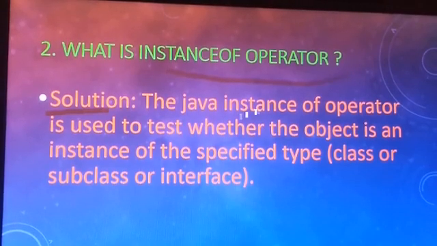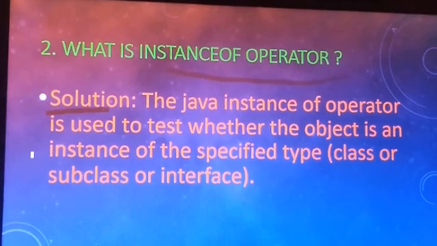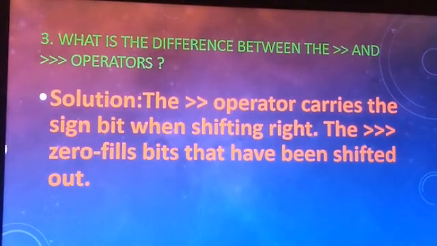Solution: the Java instanceof operator is used to test whether the object is an instance of the specified type, class or subclass or interface. Third question is, what is the difference between the double greater than (>>) and triple greater than (>>>) operators?